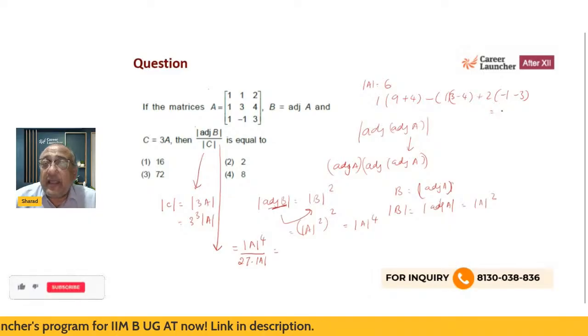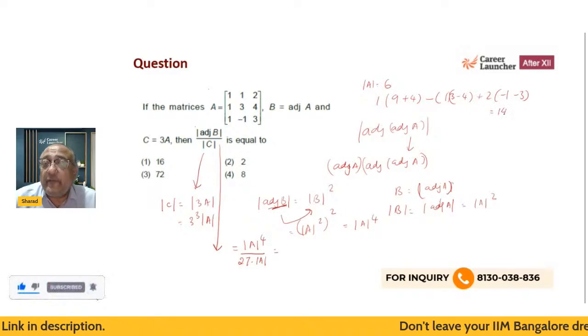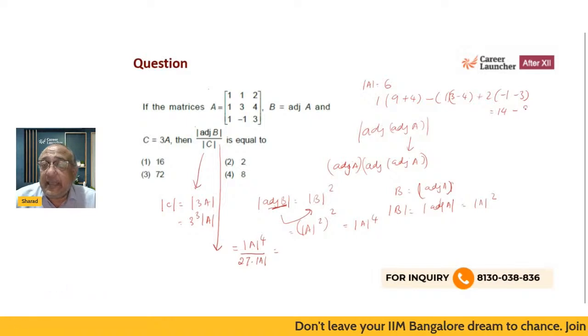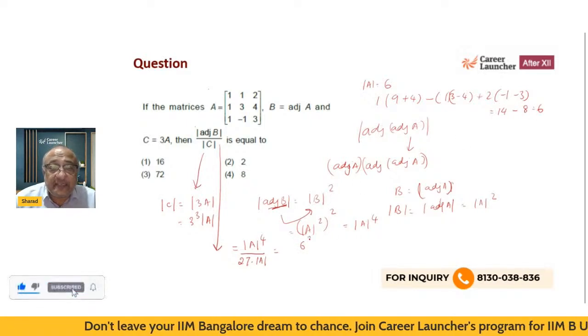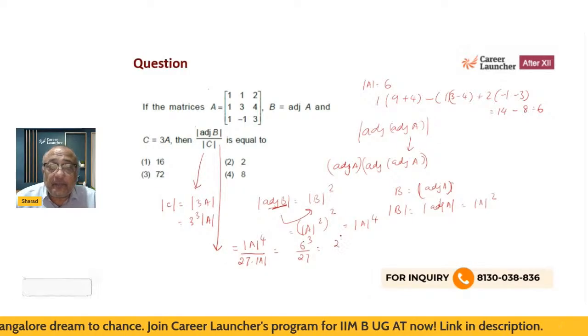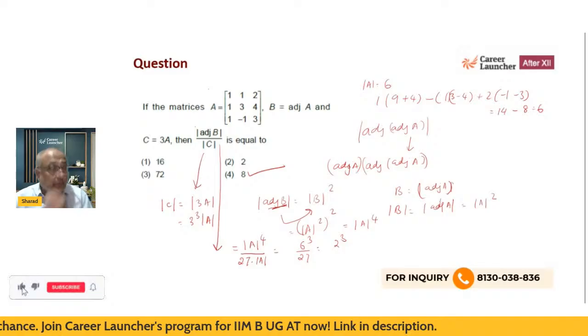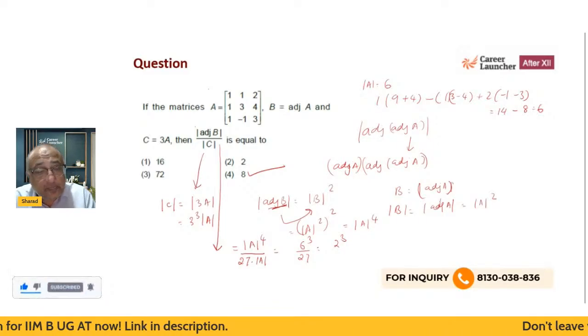You will get 9 plus 4, 14, 14 minus 8, which is equal to 6. If you have 6 here, you will have 6 cube upon 27. So this will be nothing but 2 cube. Answer is equal to 8. So that is my answer. Have you understood? Slightly difficult.